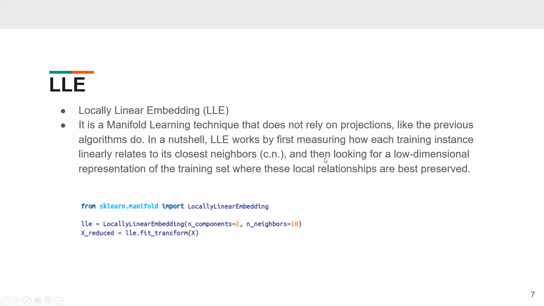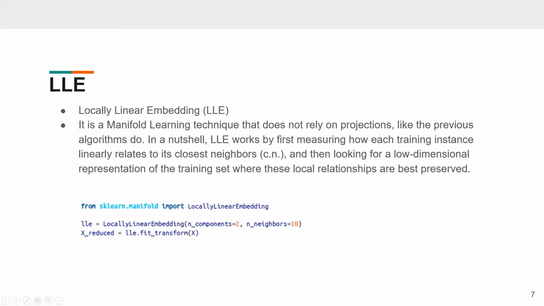And in scikit-learn, you can leverage the LocallyLinearEmbedding class, with number of components equal to 2 and number of neighbors equal to 10, so that you would be able to come back with this reduced X. This is really a high-level discussion.